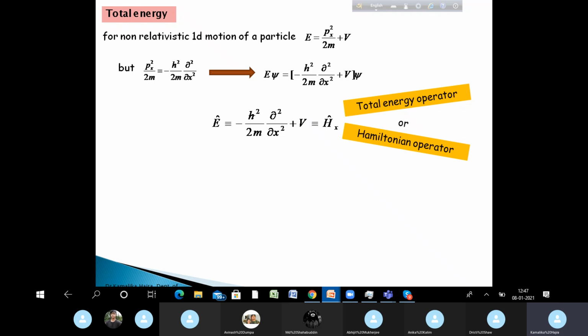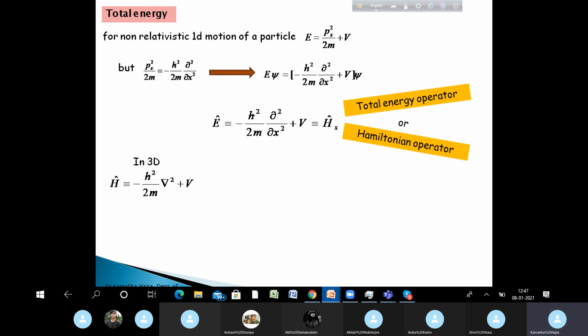Okay, so the total energy is also called the Hamiltonian operator, and it is one of the most important functions in the realm of quantum mechanics and statistical mechanics. In your future higher semesters, when you study the more higher and more complex topics of physics, you will see that in most of the problems, the first thing that you need to do is write down the Hamiltonian, okay, and then solve the problem.